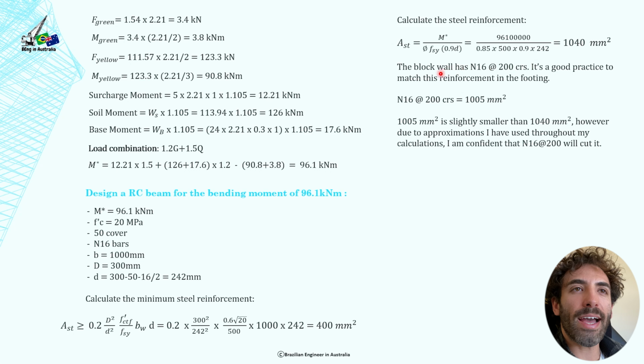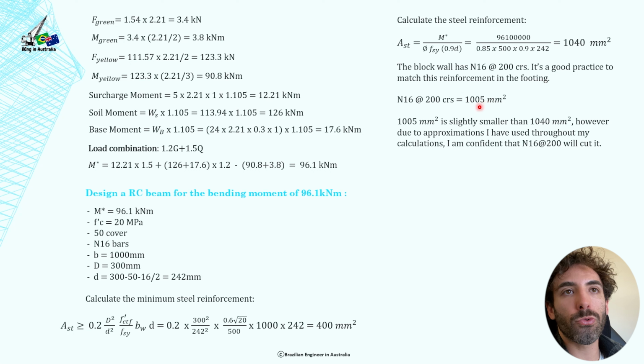The block wall has N16 at 200 centers. Remember that we calculated that before. We calculated that the reinforcement in the wall that we're going to use is N16 at 200 centers. So we've got 1 bar in every core of the masonry block. It's good practice to match this reinforcement in the footing.